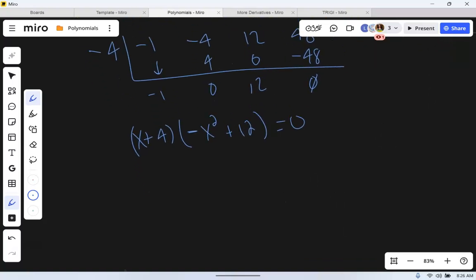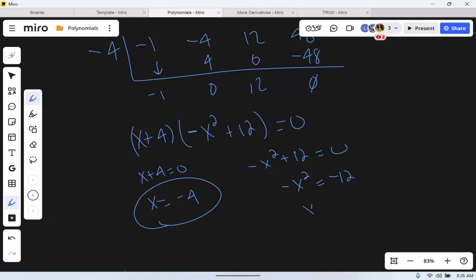You could factor out a -1 here. I'm inclined to factor out negatives if my leading coefficient is negative. You don't have to, though. So if I do x plus 4 equals 0 and -x squared plus 12 equals 0, I get x equals -4, and then -x squared equals -12.